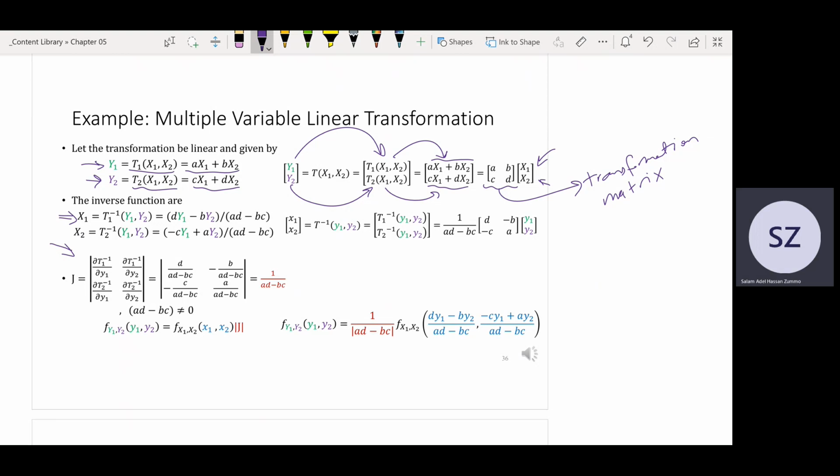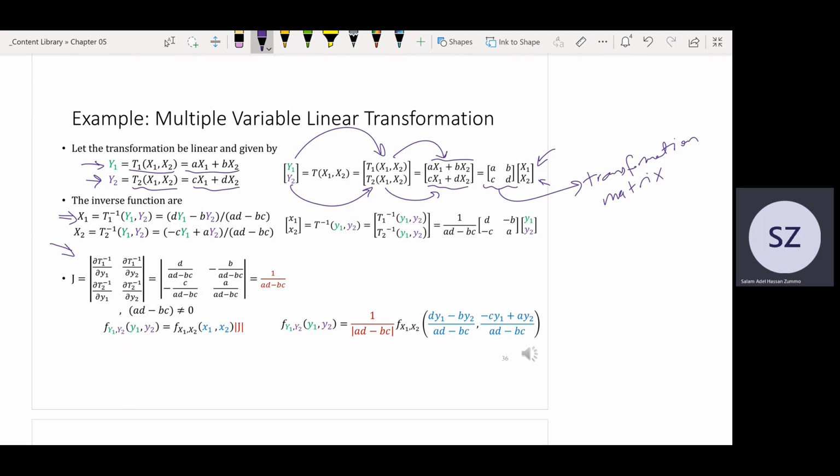I have two equations with two unknowns, right? I need x1. What is x1? If I subtract these two equations, what do I get? Well, if I add them, what do I get? Or I multiply this with d, and I need to get rid of x2, right?